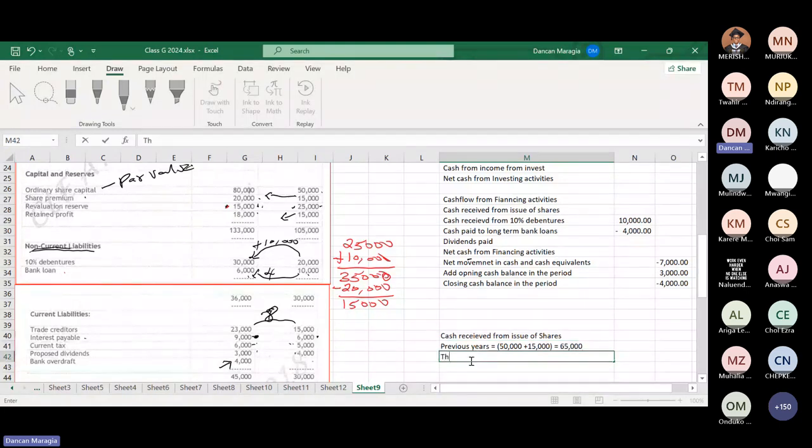This year, current year, we have share capital of 80,000 plus share premium of 20,000, which gives us a total of 100,000. So the change in the year is a total of how much?